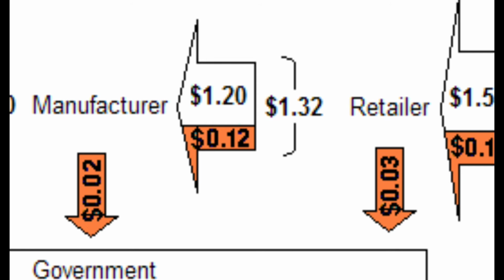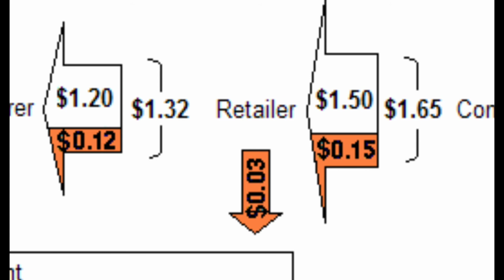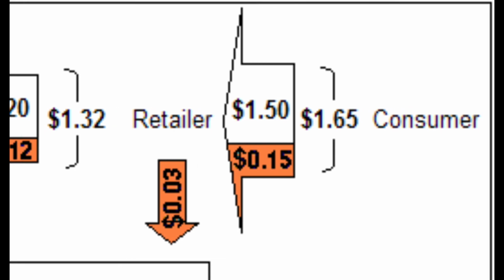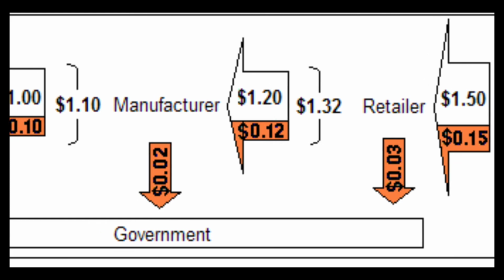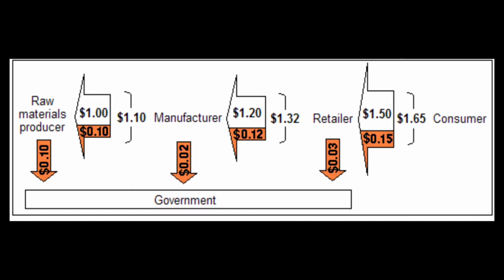So he already paid 0.12, so now he will only have to pay $0.03, and the total sum of the sales tax which the retailer paid to the government treasury effectively was $0.15, as this calculation shows. So if we see the total tax paid to the government in this value added tax situation, $0.1 was paid in the first step, $0.02 in the second step, and $0.03 in the third step.